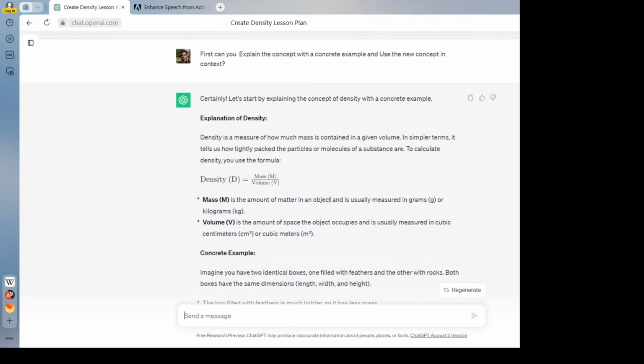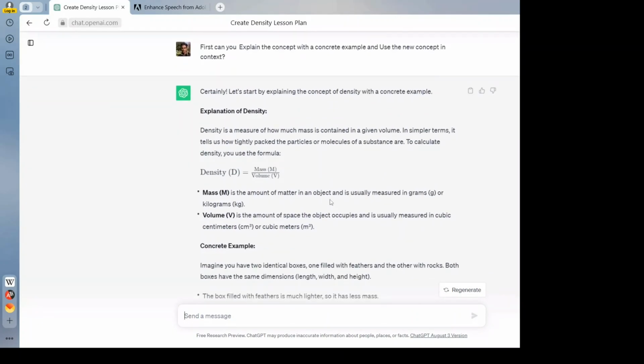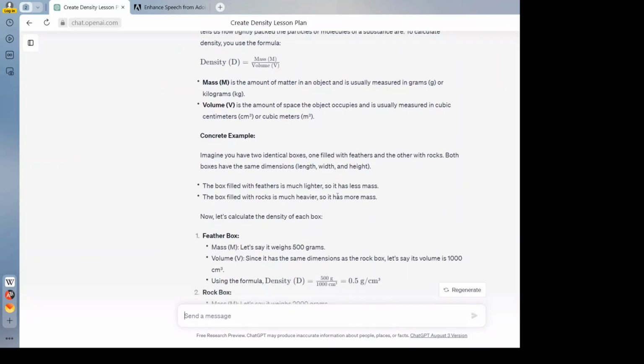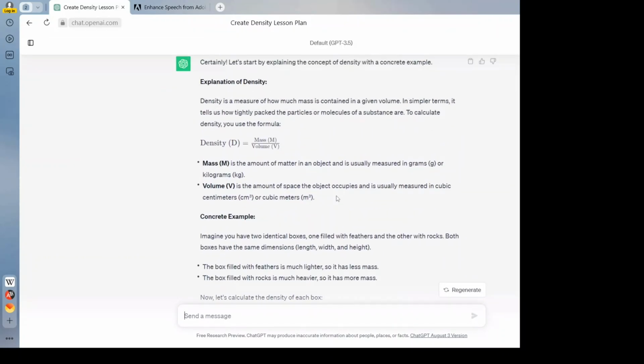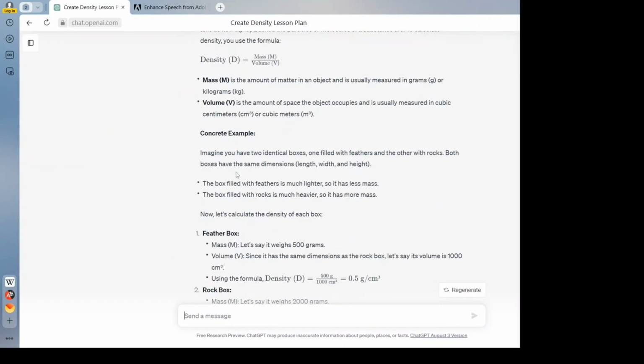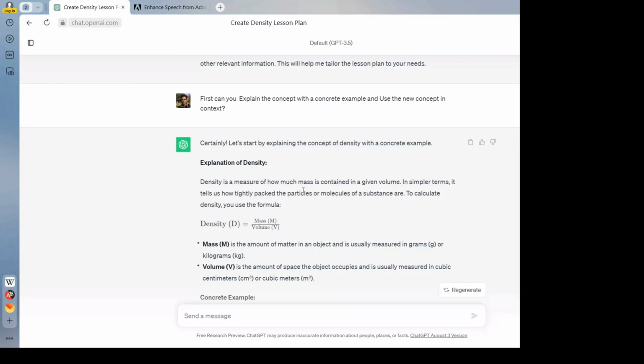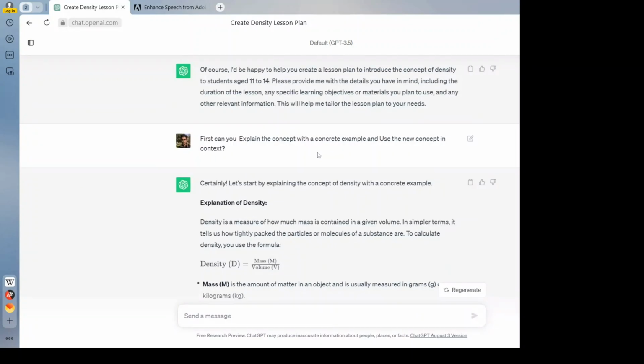Now we have a lot of information, but we don't need all of it at this stage, because if we give these equations and these numbers at the very beginning, the students will be bored. We just need a concrete example.